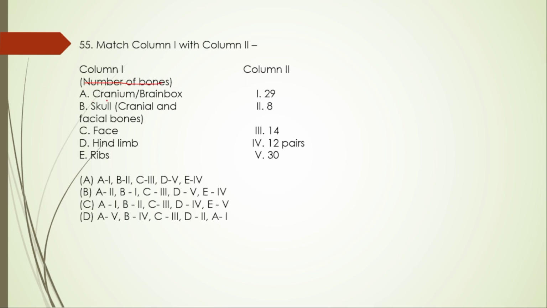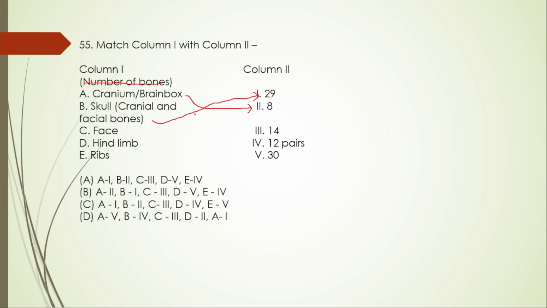Cranium has 8, that is the brain box, so A is 2, that protects the brain. Next B, that is skull, cranial and facial bones. Skull has 29, so B is 1.